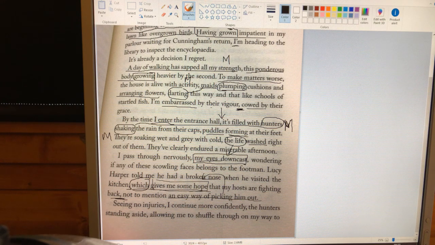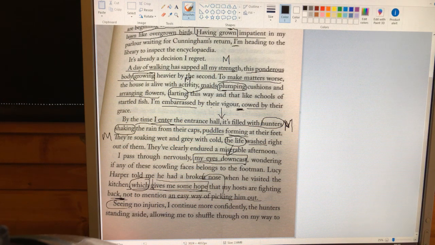We really need this comma just to show that this is referring back to an earlier part of the sentence. It gives you some hope, blah, blah, blah, and it gives you, not to mention it gives you, an easy way of picking him out. So I hope you can all see that that comma is really necessary, even though it's perhaps not on my list of comma rules. Okay, the next part, seeing no injuries, comma, I.